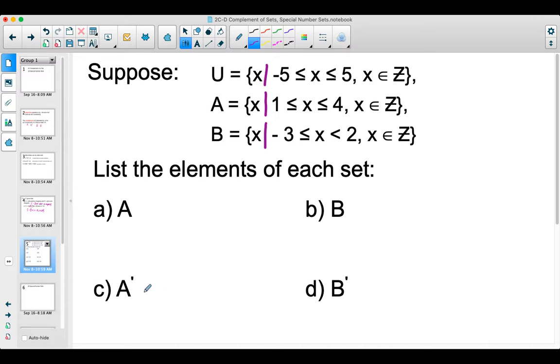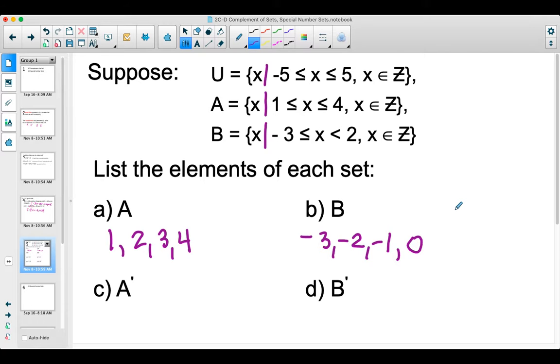So A is going to have the numbers 1, 2, 3, and 4. B is going to have the numbers -3, -2, -1, and 0. But notice it is not equal to, so we're not including 2. And because it's all integers, we're not going to have any decimals. So those are your B's.